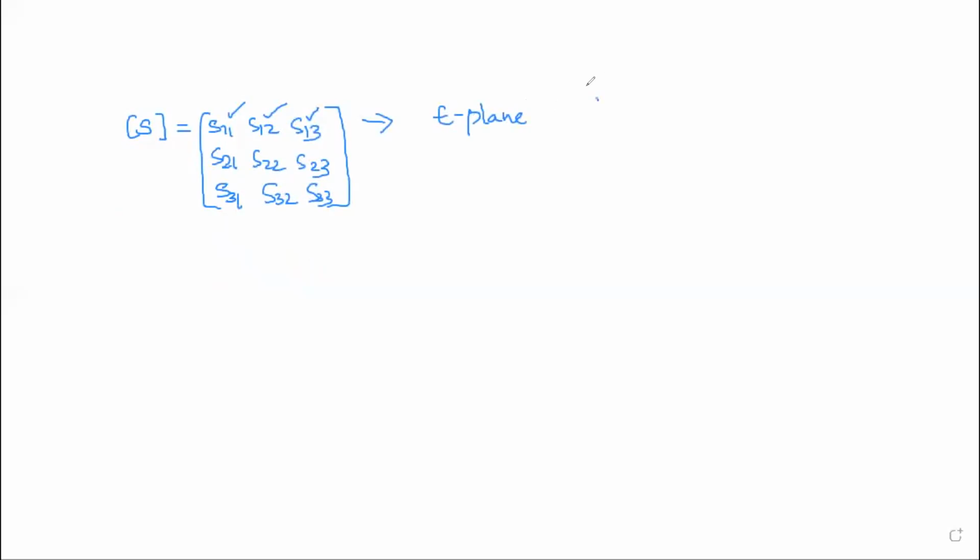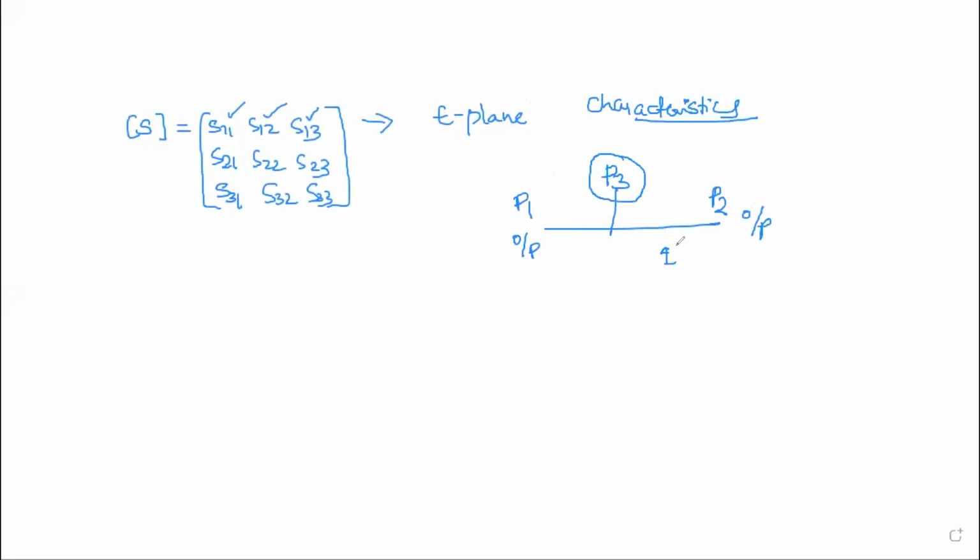Now, before that, you have to remember what are the main characteristics of your E-plane T. If I talk about characteristics, you know, because of the symmetry, port 3, if you consider in the E-plane T, this is port 1 as well as port 2. Because of the plane of symmetry, microwave power fed into port 3 will be equally divided across port 1 as well as port 2 with a phase shift of again 180 degrees.